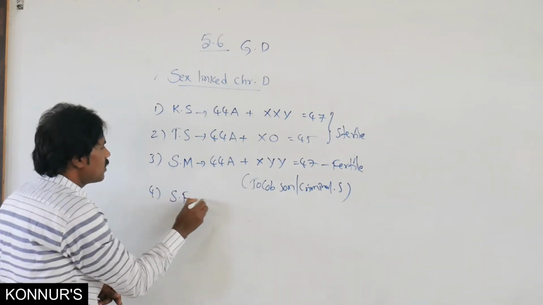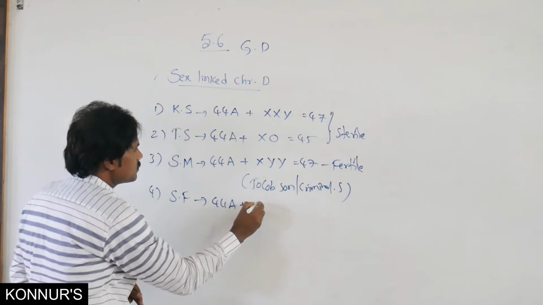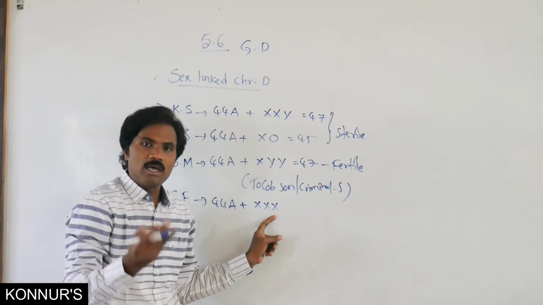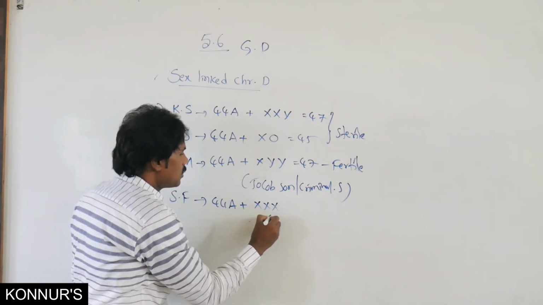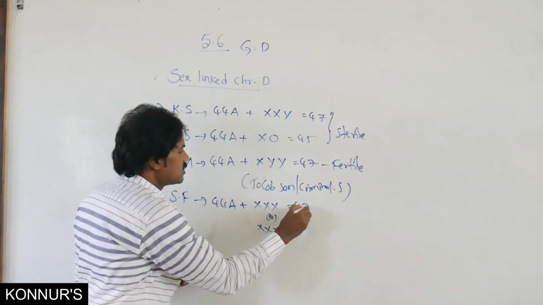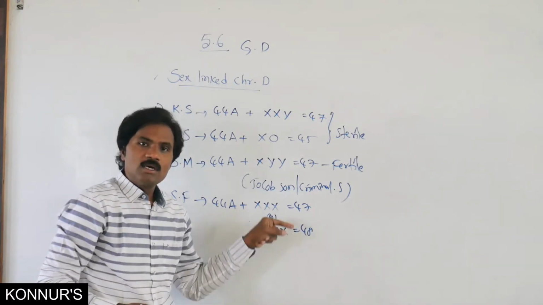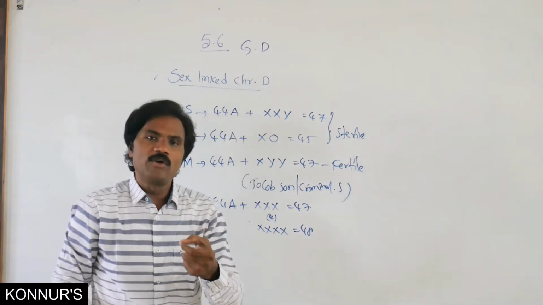Then super female, 44 autosomes plus XXX. One extra X added in trisomy condition, or here 47, here 48 or 49, like this. But these female organisms are also fertile.